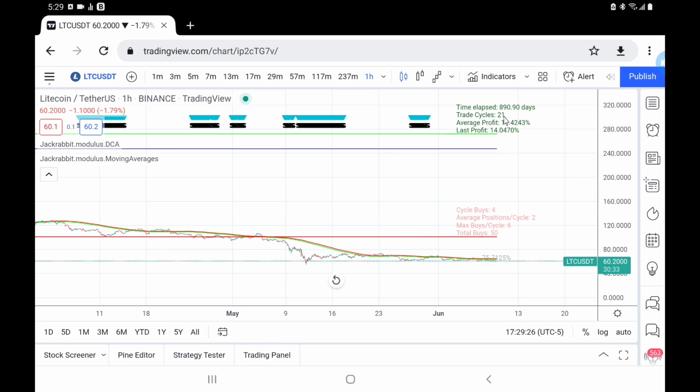Here's a good example. This one took almost 3 years, 21 trades, average is 11%. Now, if you have a fairly significant budget and you want to be cautious with it, say you have $25,000 and you want, say, $1,000 per position.